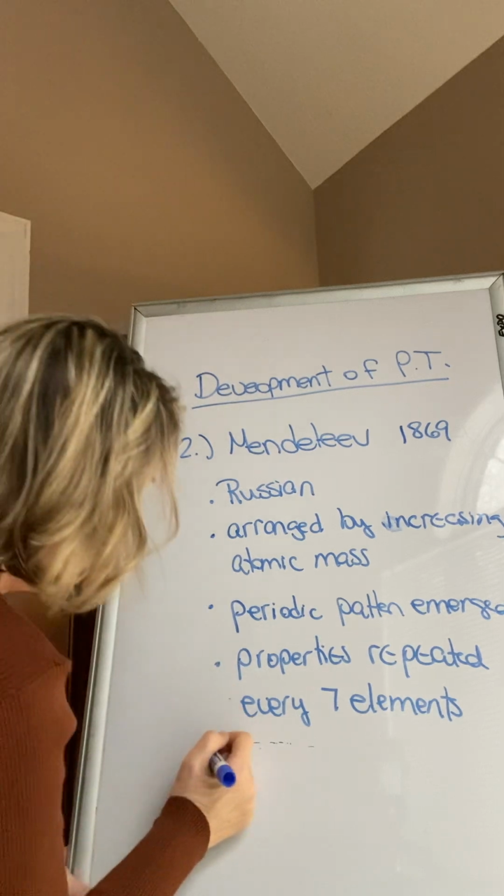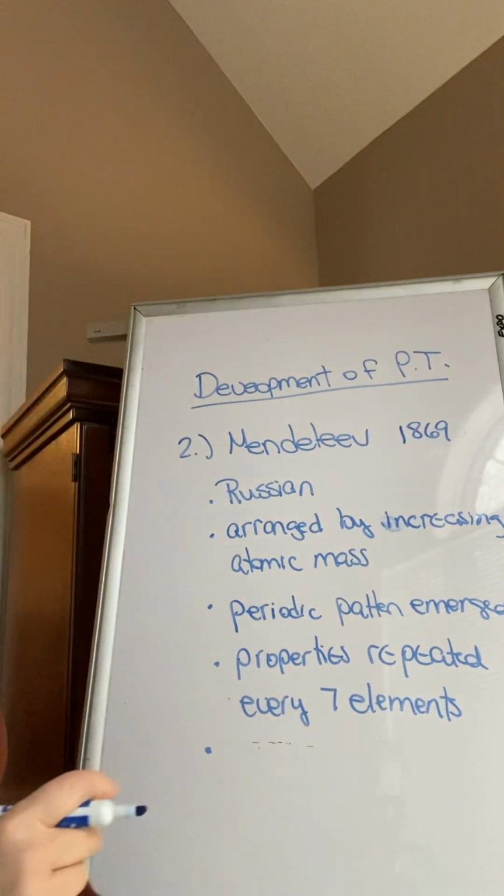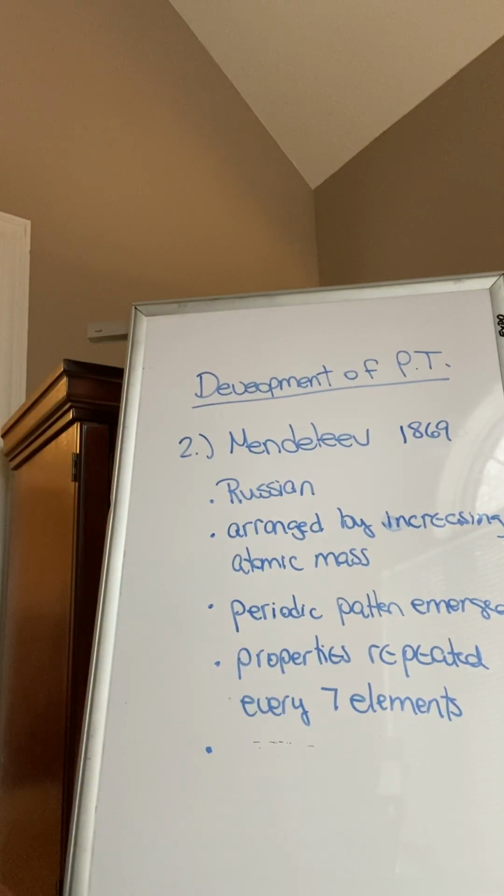One of the kind of interesting things that he did was he could predict, once he started getting all his cards in place, because remember, he was using index cards and arranging them based on properties and atomic masses, where there were elements that had not yet been discovered. He would just leave blank spaces in his periodic table and say, well, I believe there's an element that should go here and we haven't discovered it yet.